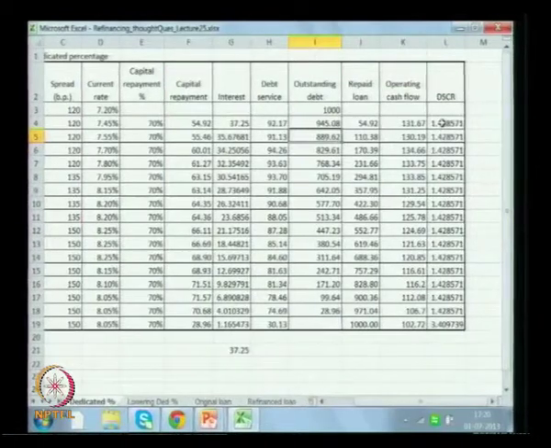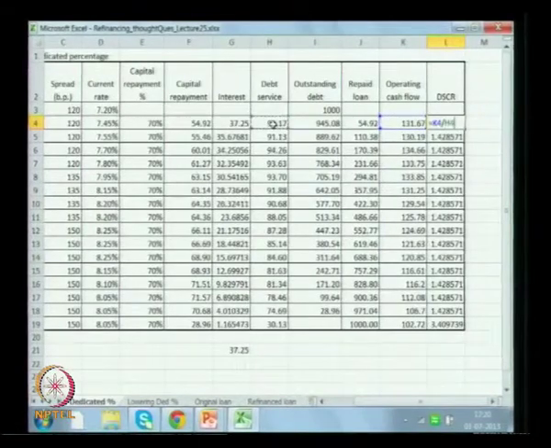So if you want to calculate this, it is the operating cash flows, which is 131.67, divided by the debt service for that particular half-year period, which is 92.17, and if you divide you get the debt service coverage ratio which was there previously. The debt service coverage ratio gives an indication of how many times the operating cash flow covers the debt service obligations.